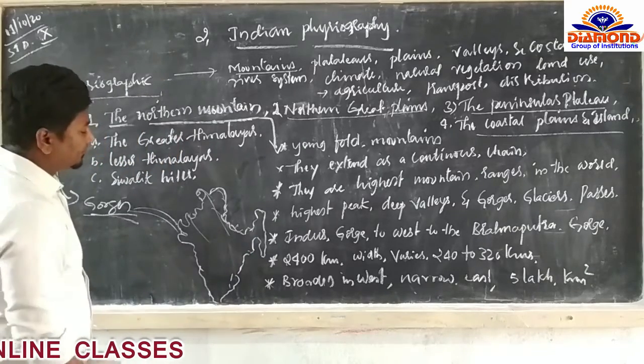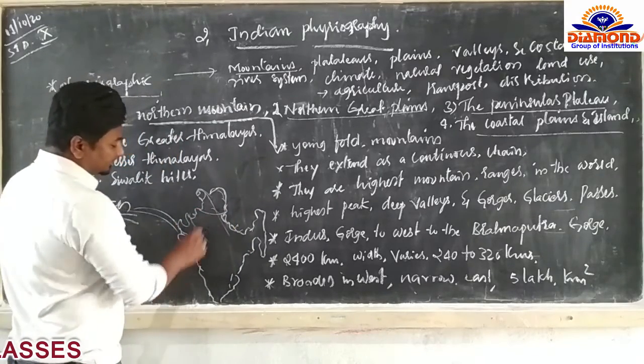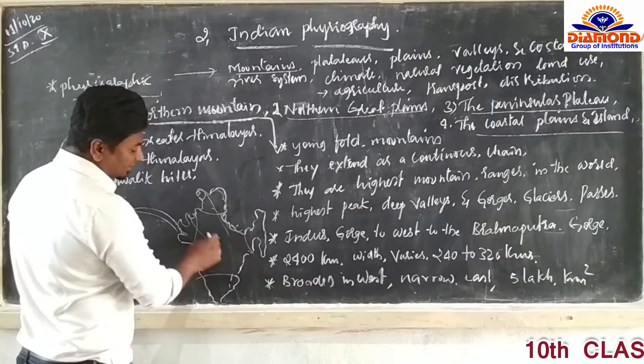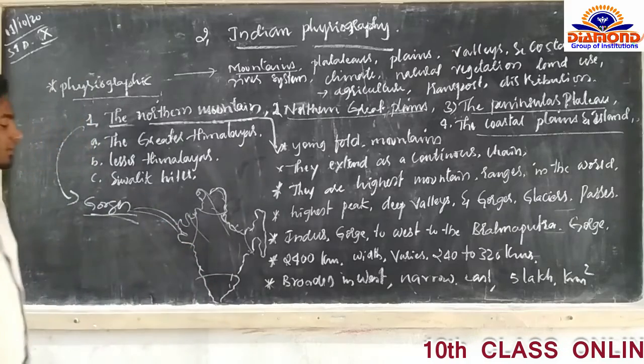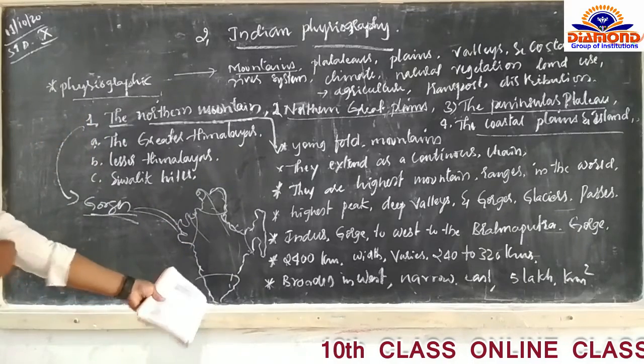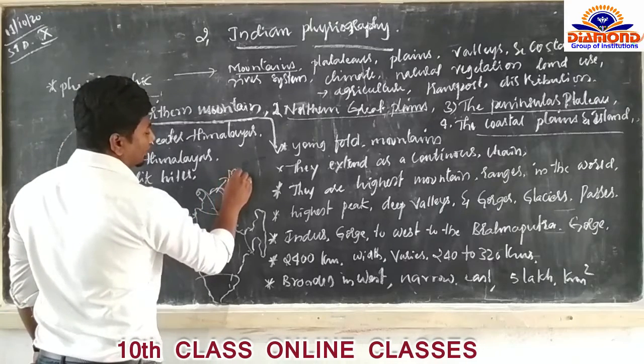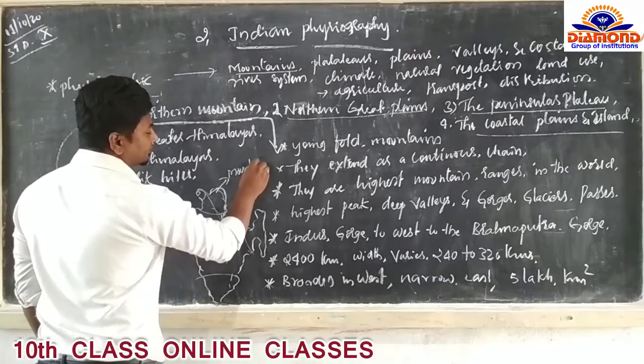Let us see. These ranges are divided, and then the valley, the peninsular plateau. This is the northern mountains.